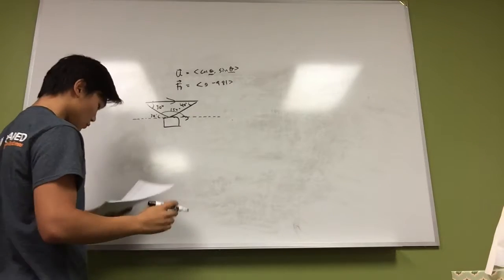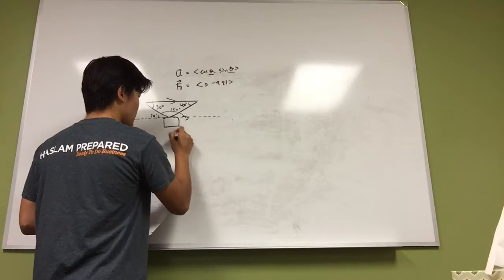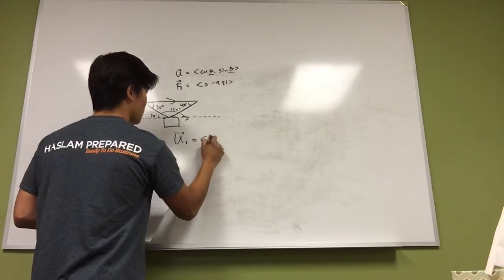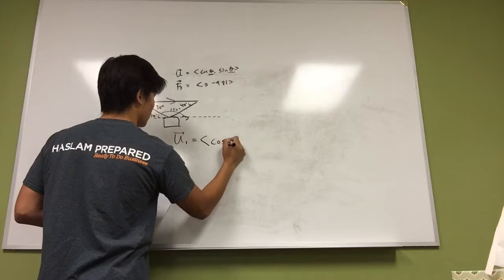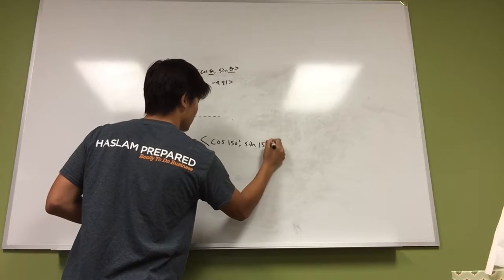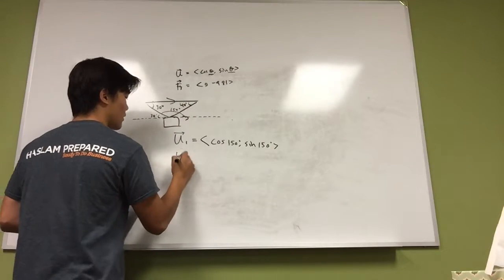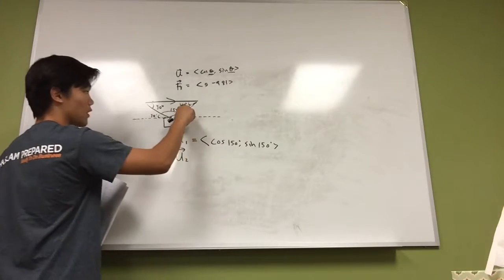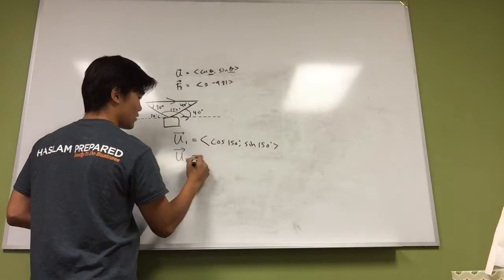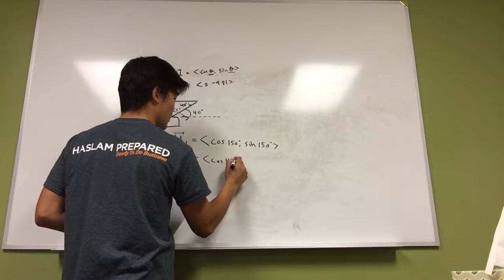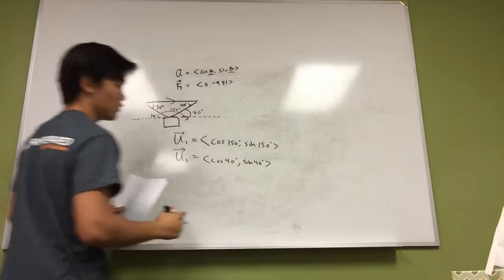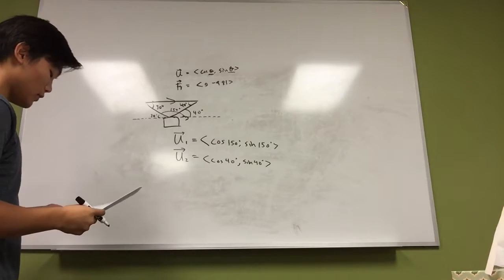So U1 is the unit vector for this angle: U1 equals cosine 150 degrees and sine 150 degrees. On the other hand, U2, which is going to be 40 degrees right there, is just cosine 40 degrees and sine 40 degrees.